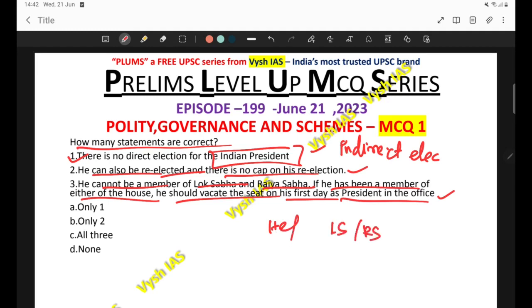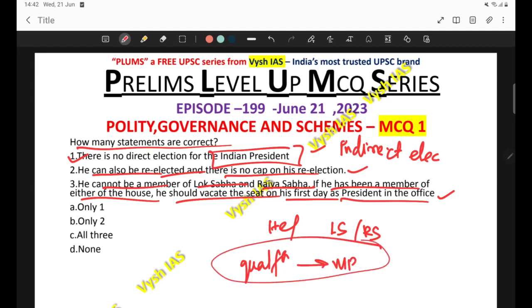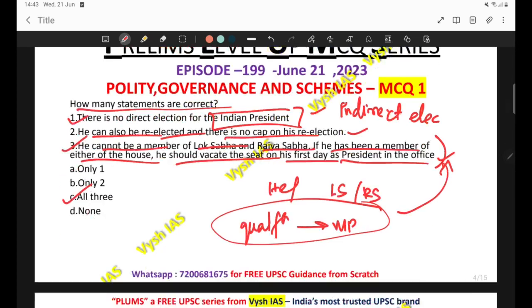So he or she should not be a Lok Sabha or Rajya Sabha MP, but should have the qualification to become an MP. That is the condition, and this statement is an interpretation of it. So even this statement is correct. The answer comes out to be all three.